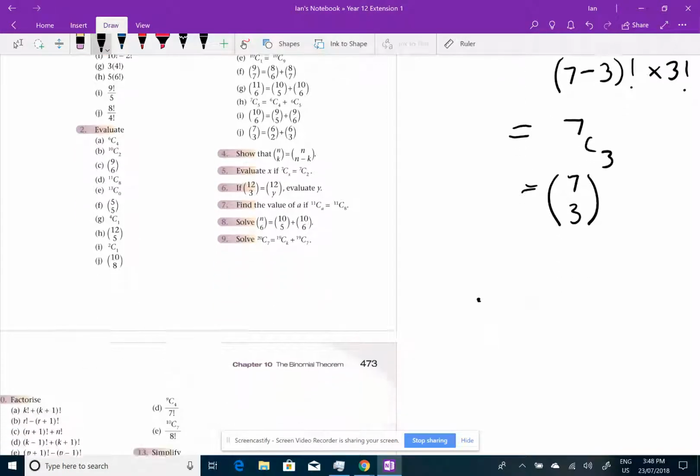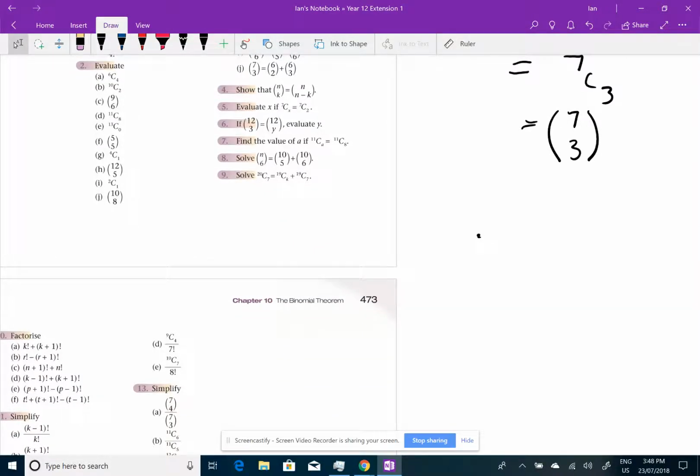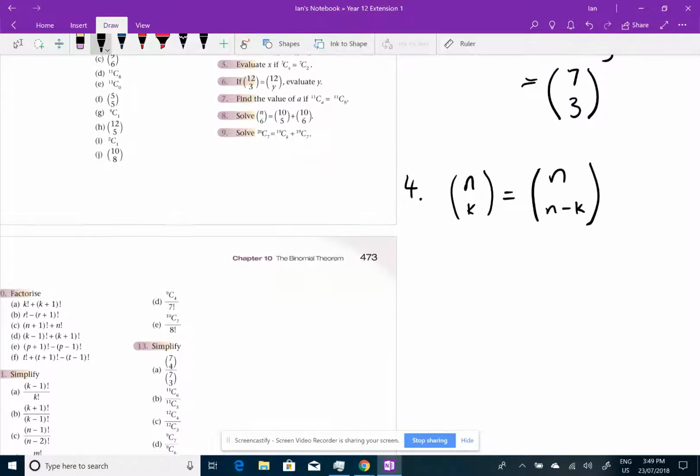Question 4 is doing exactly the same thing, but in question 4, it's doing it with letters. So we're going to show nCk equals n factorial over k factorial times n minus k factorial. So when it becomes algebra, it becomes a bit harder.